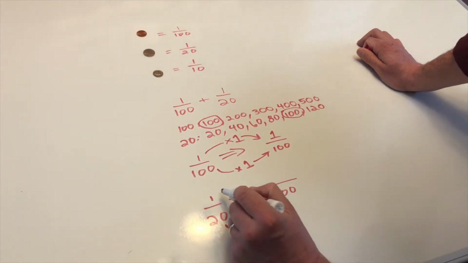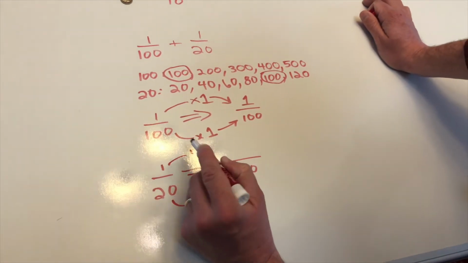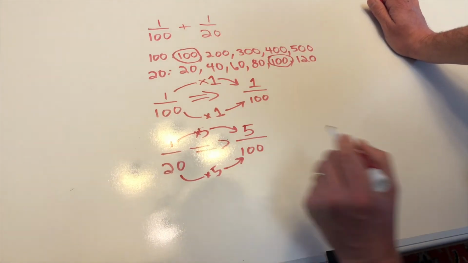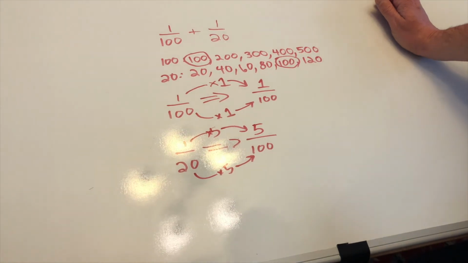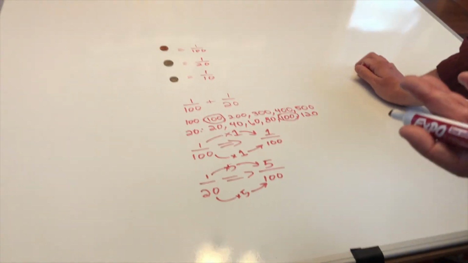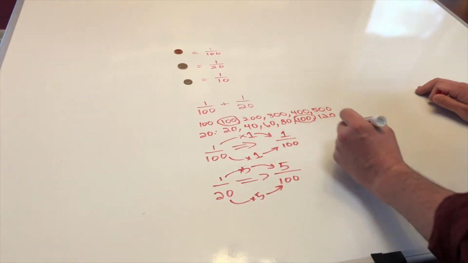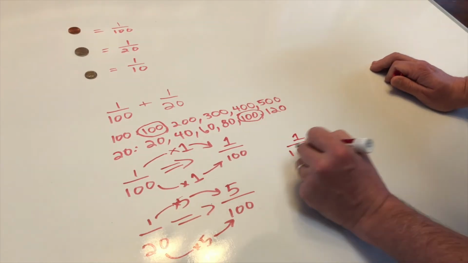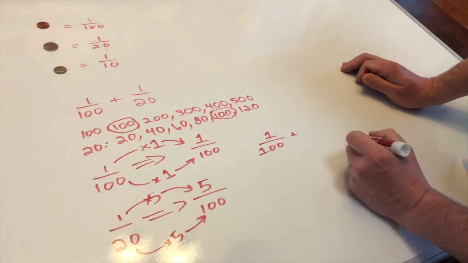I'm going to do the same thing up here. One times 5 equals 5. Now, does that make sense? Well, yes, because a nickel, everyone knows, is 5 cents. So now I have two fractions, and they both have the same denominator.